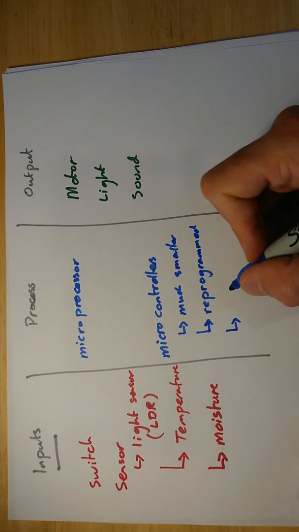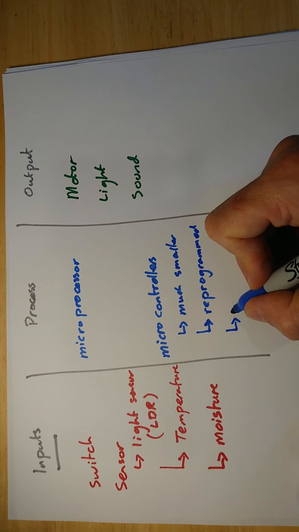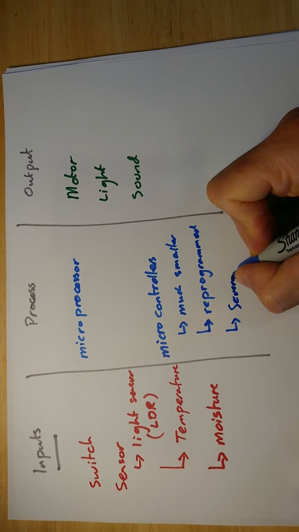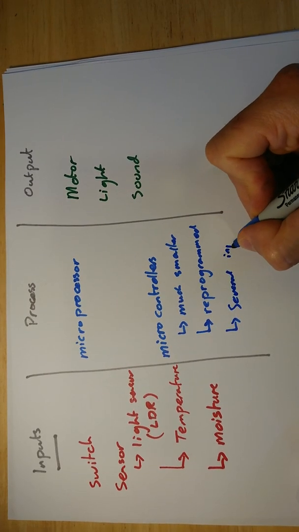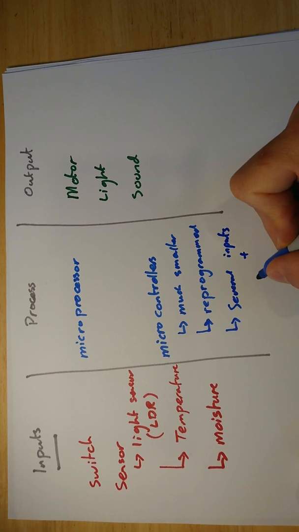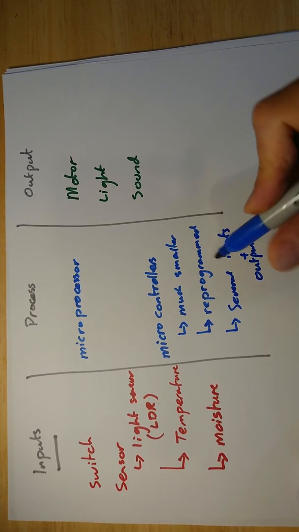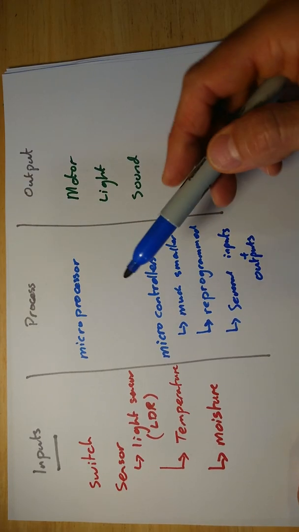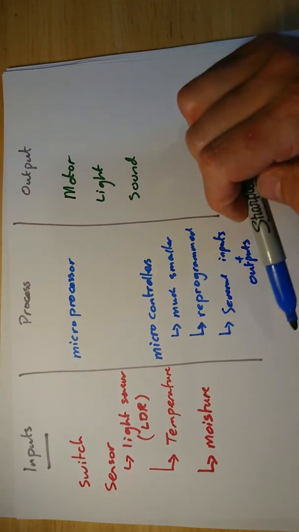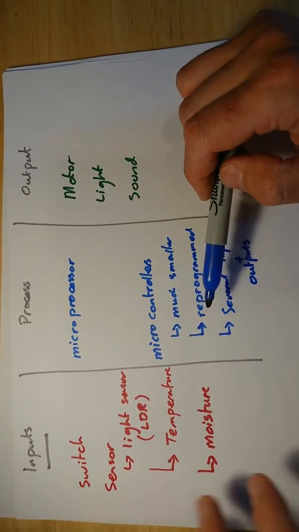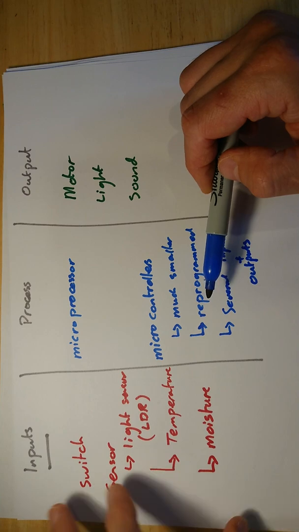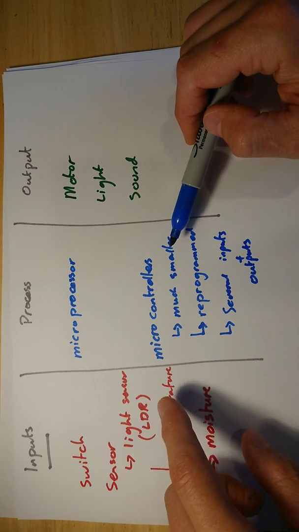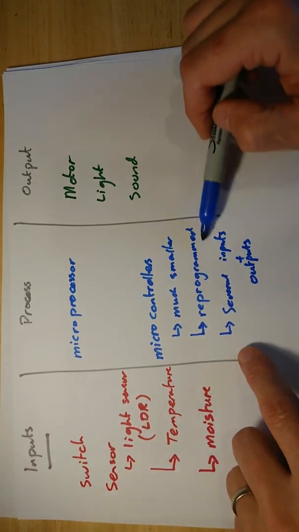The other thing that's very good is that they can have a number of pins, so one microcontroller can have several inputs and outputs. It can have lots of ways of inputting and lots of ways of outputting. Think of a simple example like a computer, where the inputs might be your mouse and your keyboard, which are basically switches, and then the microcontroller knows what's going on, and it's got outputs.